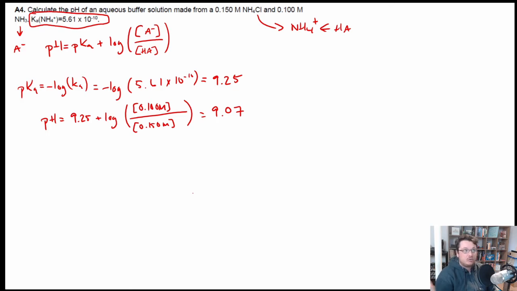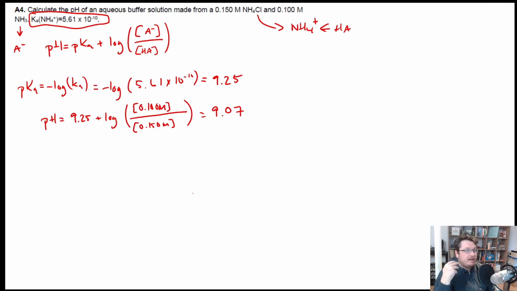In those cases the equilibrium favors keeping it as NH4 plus. It doesn't favor it getting converted into H3O plus and H plus, so you're not going to have that many H plus ions in solution, which is what pH is. pH is just a very easy scale for us to compare how many H plus ions we have in solution. And so that makes total sense to me, that the pH would be that high.